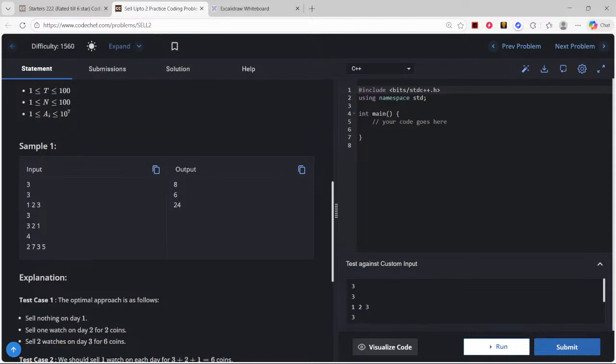Since I sold, therefore 2 into A extra coins, and since I already sold one watch, A extra coin. And for each DP we require a base case, right?